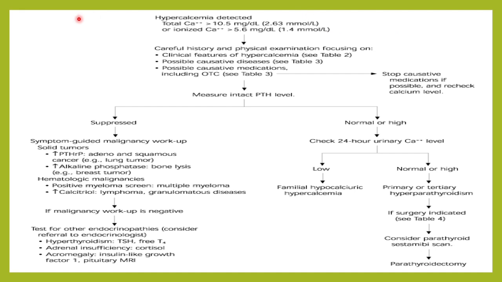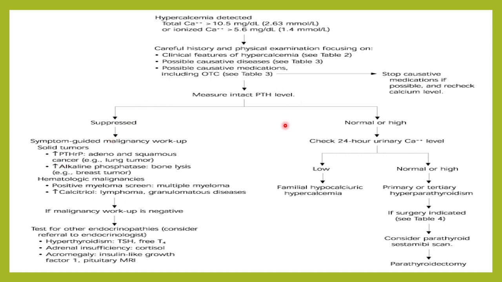Whenever you find out that there is hypercalcemia, you have to evaluate the patient first. You have to take the clinical history. You have to find out what could be the possible causes with his history, family history, whether he is on certain medications, etc. Then measure his PTH, because we will broadly classify it as PTH dependent and PTH independent hypercalcemia.